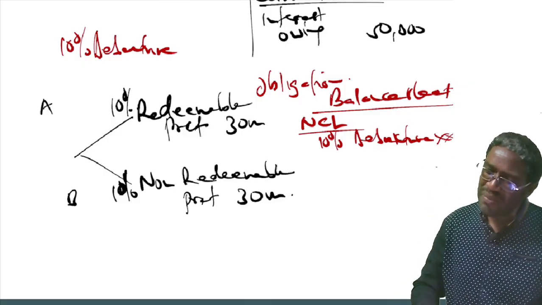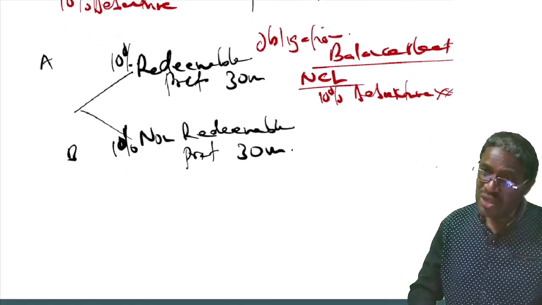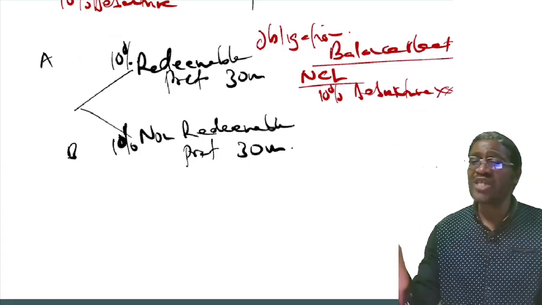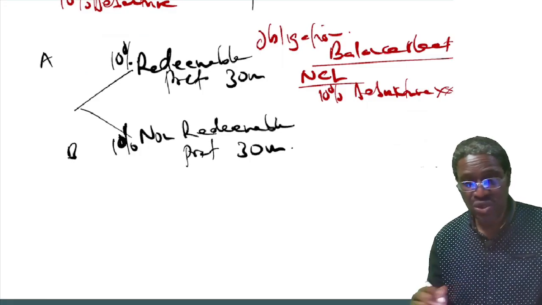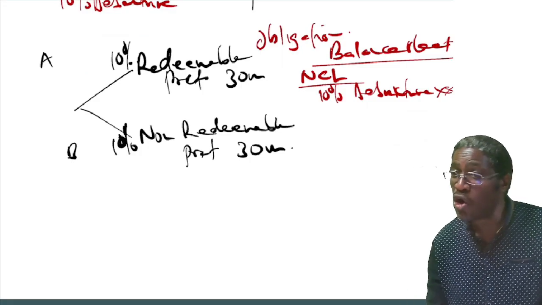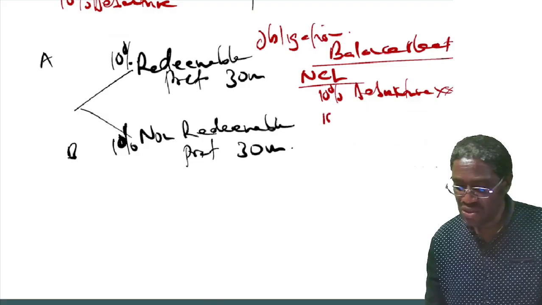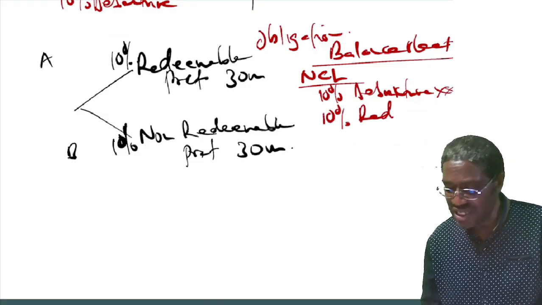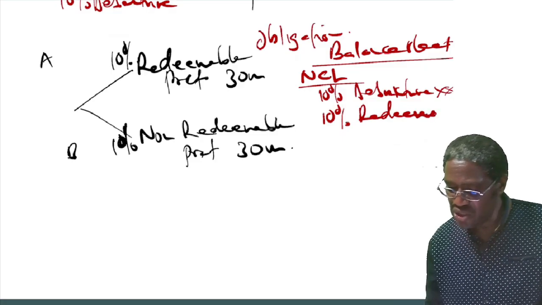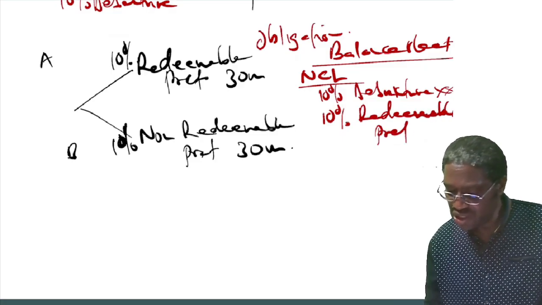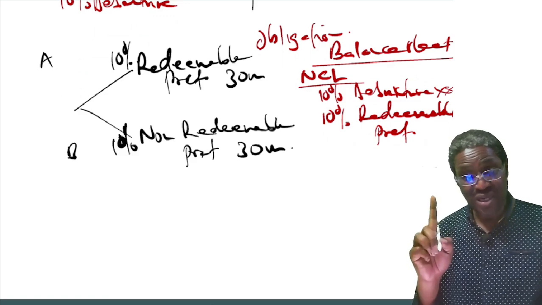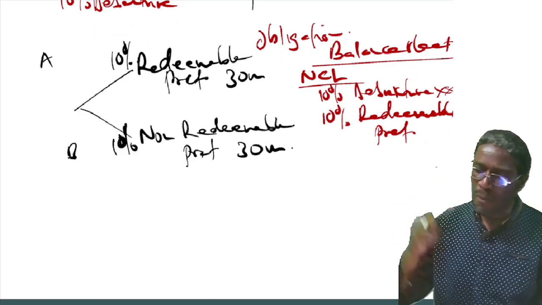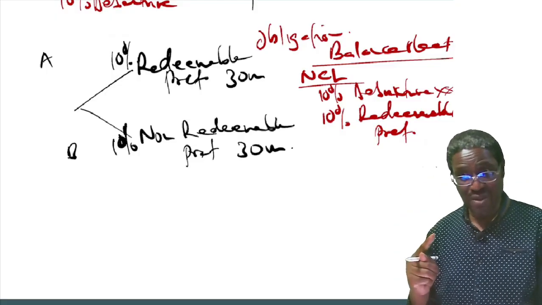When you are preparing the balance sheet of company A, you don't take 30 million of their preference share as part of capital. No, you take it to the balance sheet as a long-term liability. So among the debentures, you will have their 10% redeemable preference share. Redeemable preference share. It's a long-term liability because you as a company, you have an obligation to pay back.